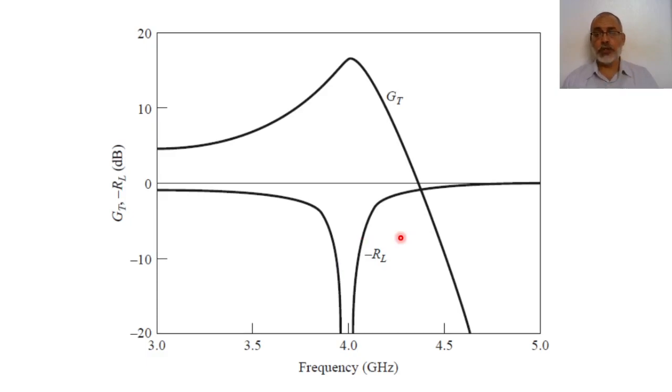It is interesting to note here that both the gain and the reflection coefficient are very narrow band. This is because we have designed the transistor for maximum gain, and as I said, for maximum gain, we are designing the input matching network and output matching network to satisfy the maximum gain at the required operating frequency.